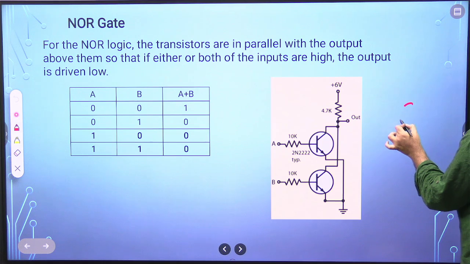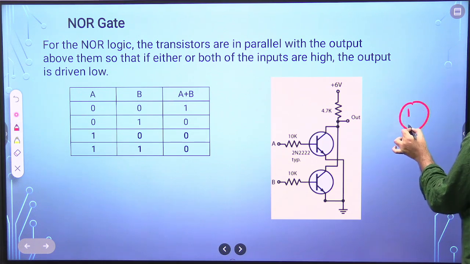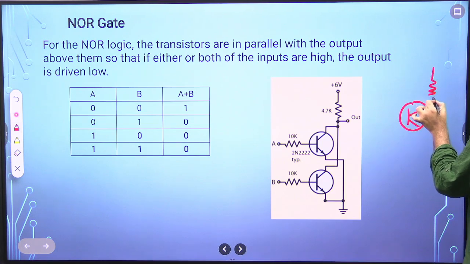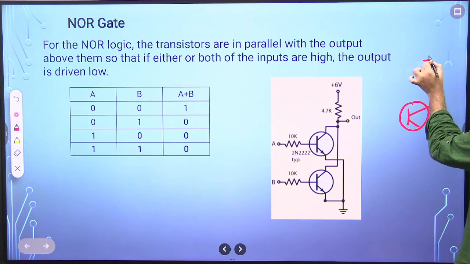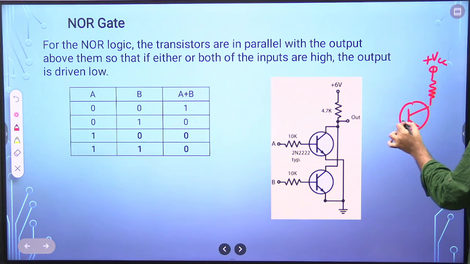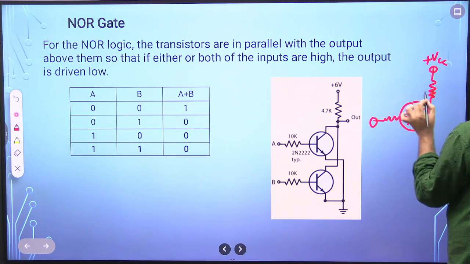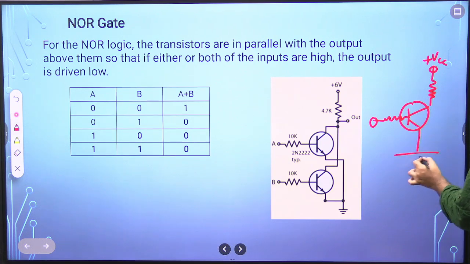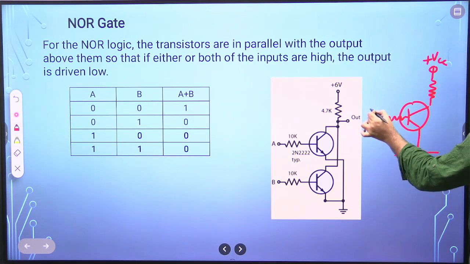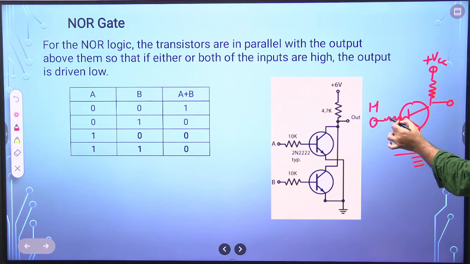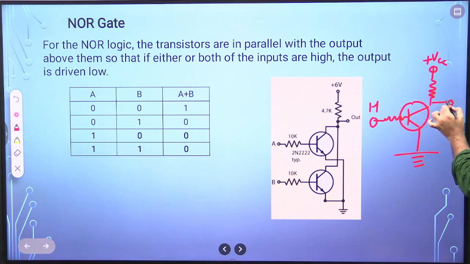NOT gate, a simple NOT gate: you have this transistor like this, and this is your plus VCC, and you put a resistance or connect directly. If this is high, obviously this point will be low, because current will flow and the drop here will be 0, since VCE is 0.